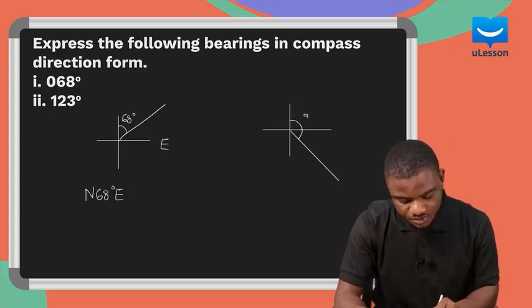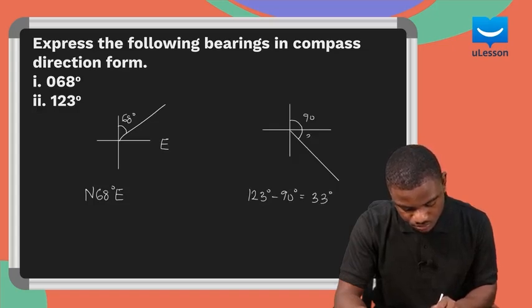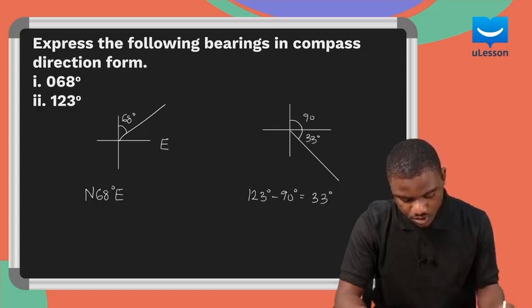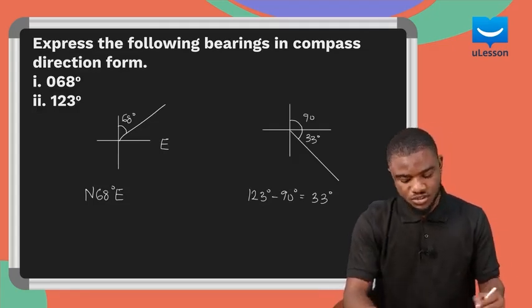Since this is 90 degrees, this angle will be 123 degrees minus 90 degrees, which is equal to 33 degrees. For the compass direction, we need the angle to the south.